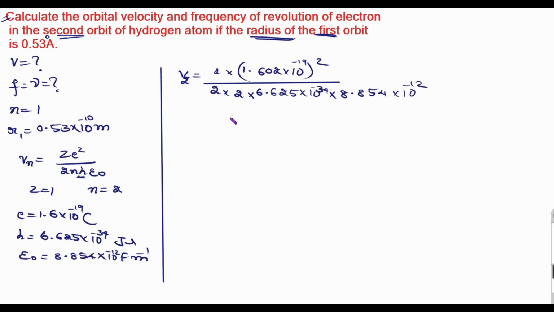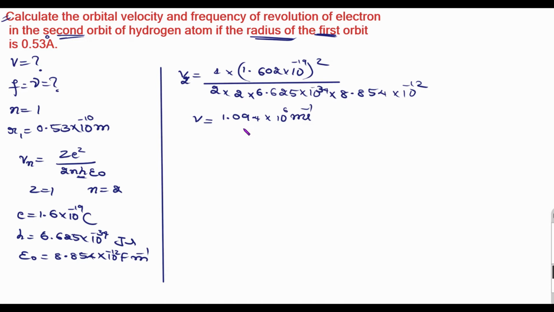So if you solve this, you will get the value of velocity as 1.094 into 10 to the power of 6 meter per second.